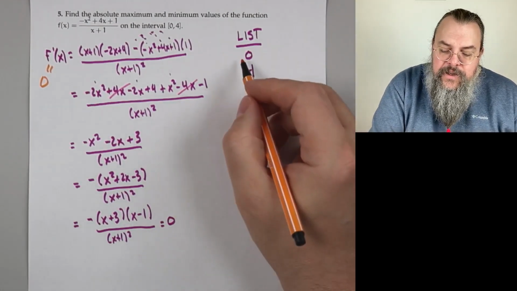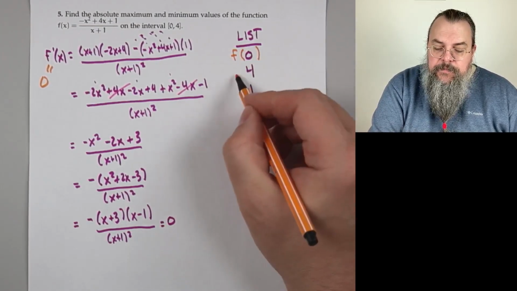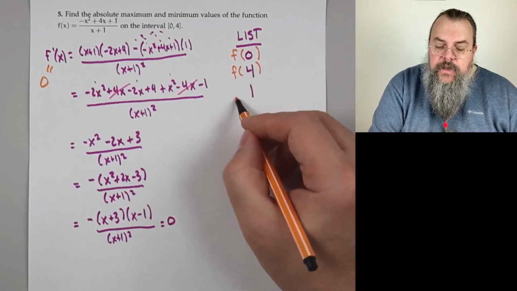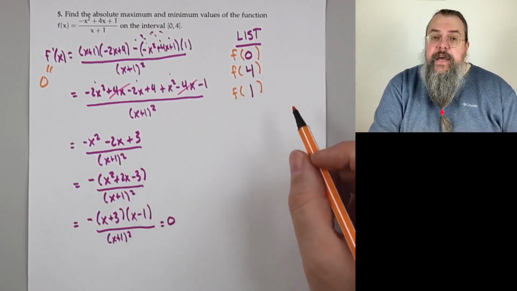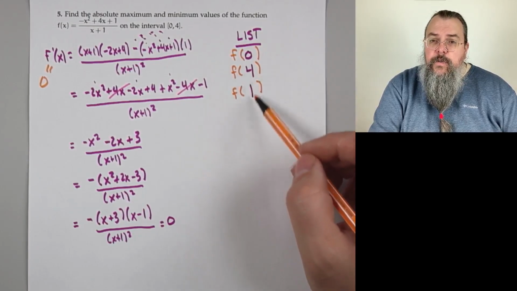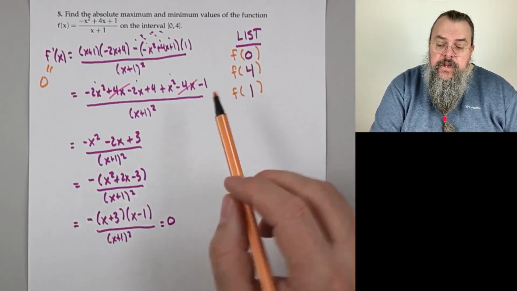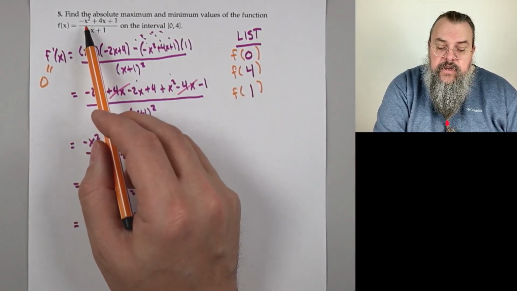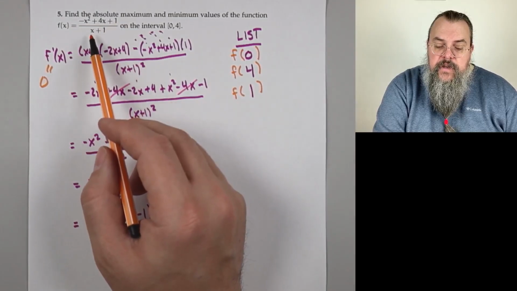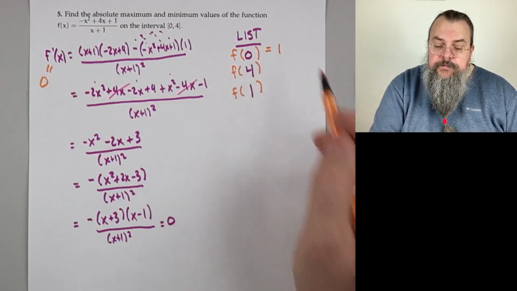Okay, great. So now that we've made our list, we plug in. We know our absolute max and absolute min has to occur at one of the 3 places, 0, 4, or 1. So we're going to plug them into f and see what values we get out. When you plug in 0, it's very easy because you get 0 plus 0 plus 1, and then 0 plus 1, which is 1 over 1, also known as 1.